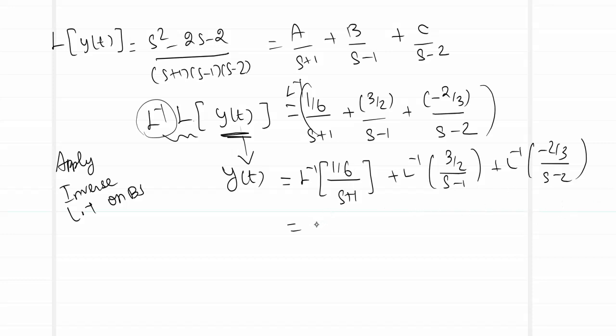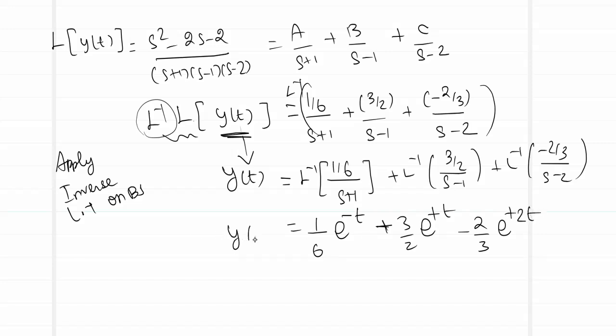Now, this is a simple quantity because we have already memorized the formulas for our basic functions of Laplace. 1 by 6 is a constant. Laplace inverse of 1 by s plus 1 is e power minus t. Plus 3 by 2 is the constant. 1 by s minus 1 gives e power plus t. Minus 2 by 3 is a constant. 1 by s minus 2 gives e power plus 2t.